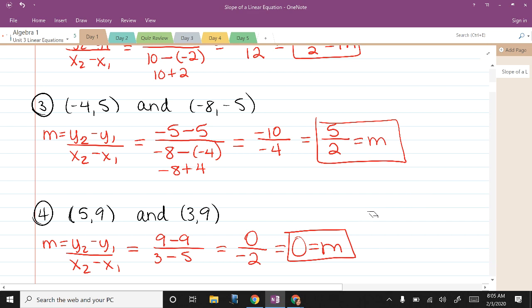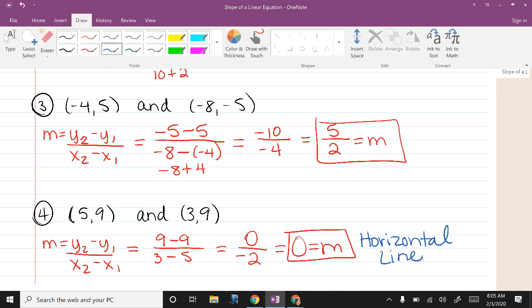A negative slope goes down from left to right. Well, isn't 0 in between positives and negatives? So what do you think it would be? It'd be horizontal. Memorize this before Wednesday. When the slope is 0, you have a horizontal line.